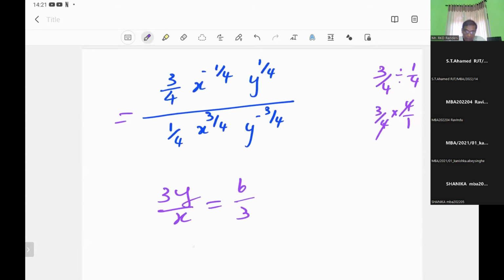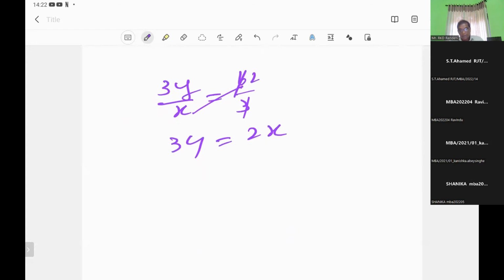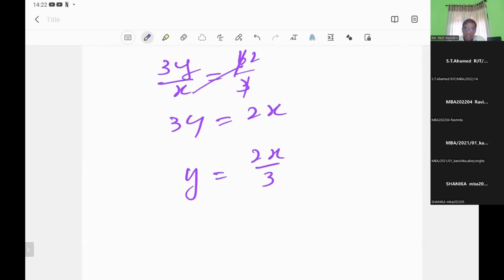Right? Then 3, that is 2. Then 3y equals 2x, right? Then y equals 2x divided by 3, right?